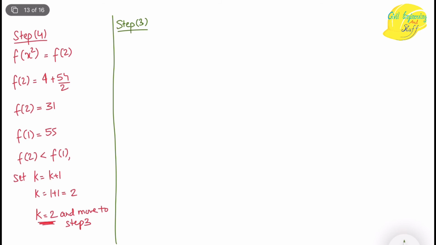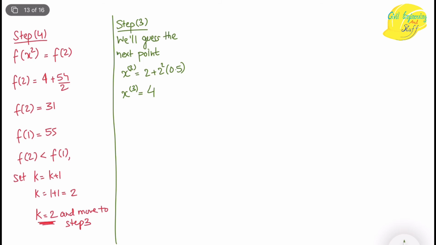In step 3 we will guess the next point, and the next point is x3. x3 is equal to 2 plus 2 square into 0.5. So your x3 will be 4, right? This is your step 3. We have found the new guess point.